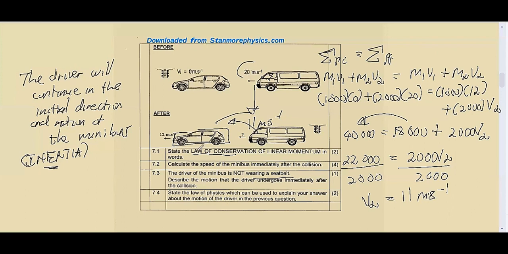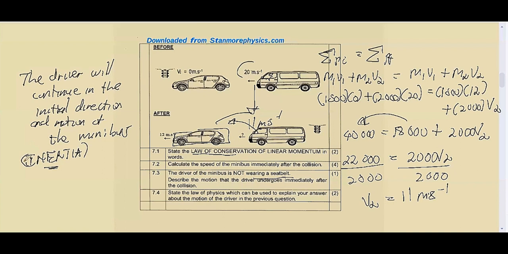So which is why it is important that you wear a seatbelt so that when you are about to move in that direction, the seatbelt will be holding you back so that you do not fly out of the window. So in a worst case scenario, after this happens, you might find that the driver might have hit the windscreen or maybe probably flown out of the window if he was driving at a very, very large speed.